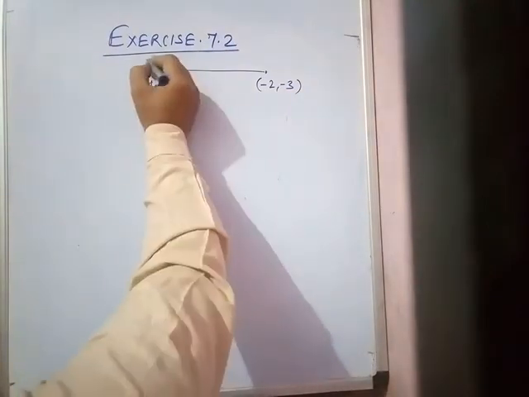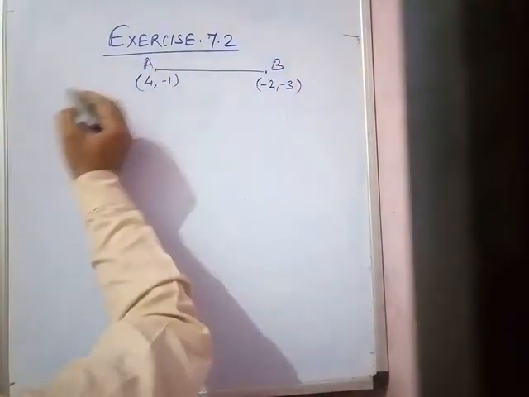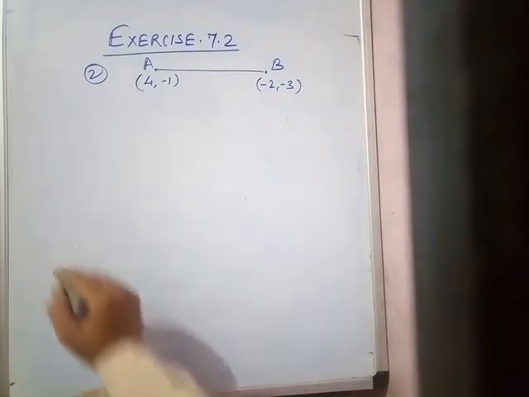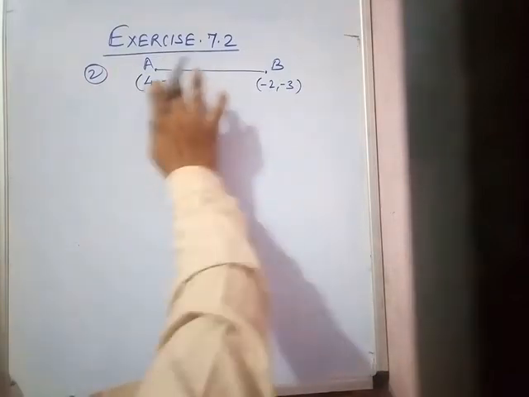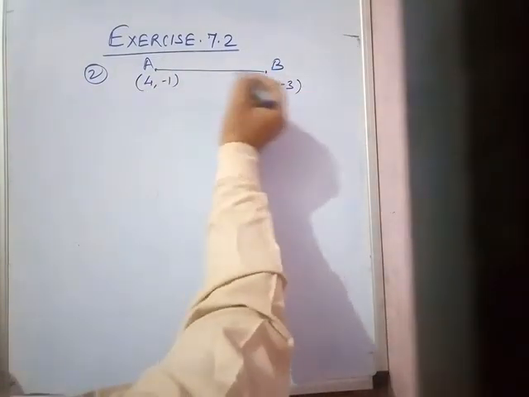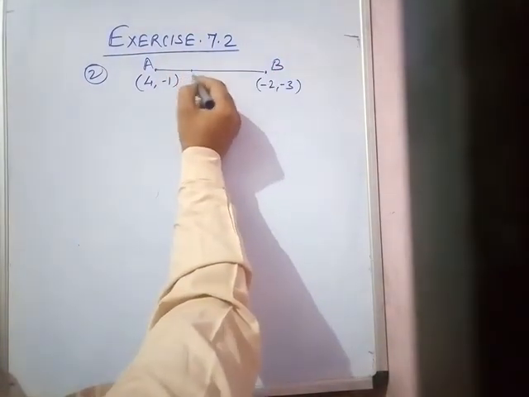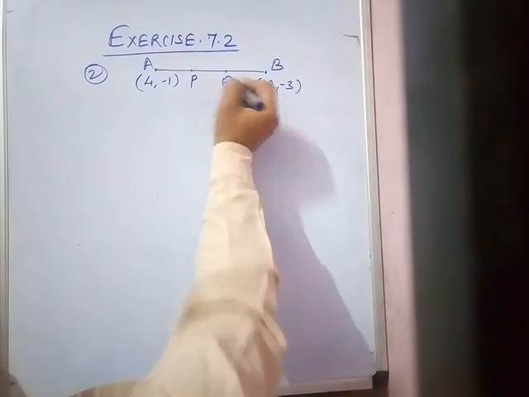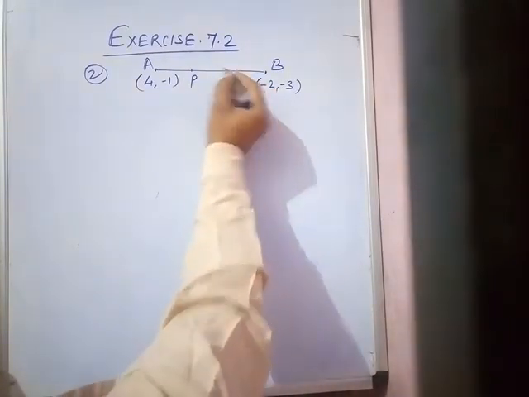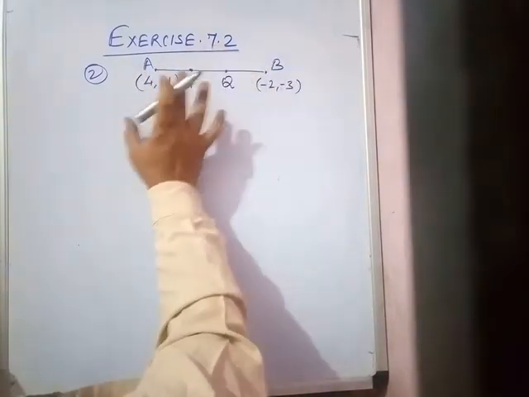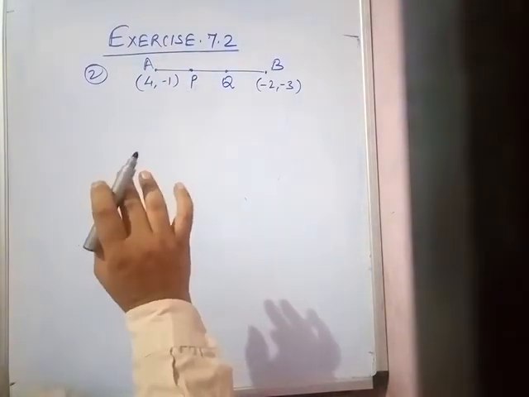We have to find the coordinates of the points which trisect this segment. Trisect means 3 equal parts. So let here be a point P and here a point Q. Now this segment AB is trisected by P and Q.